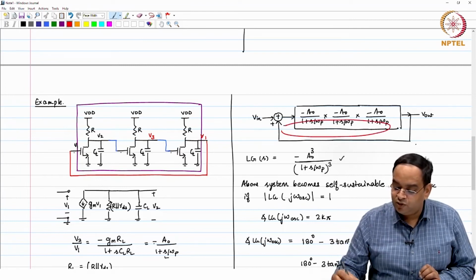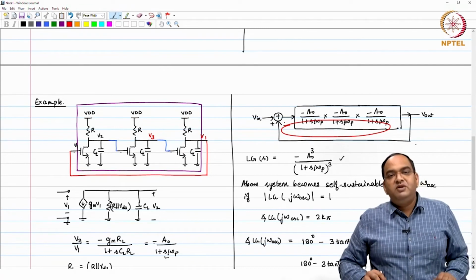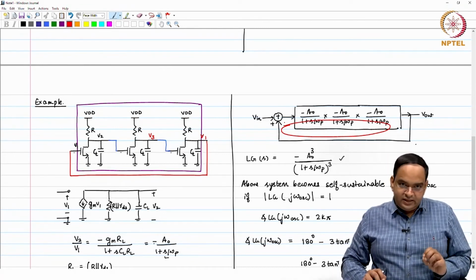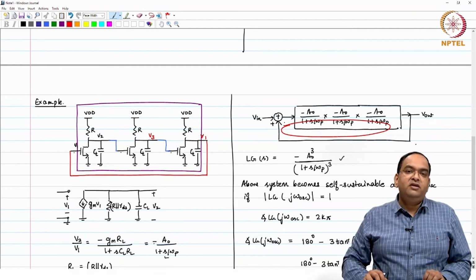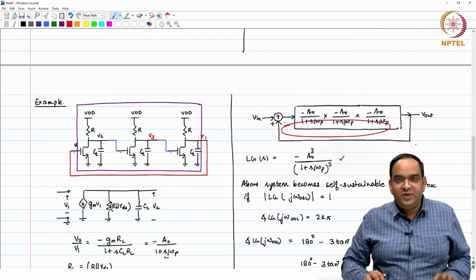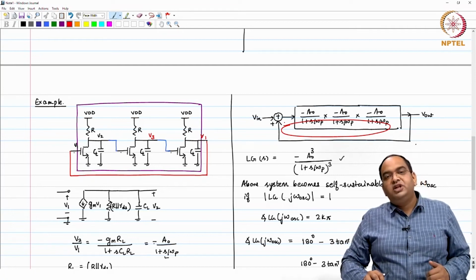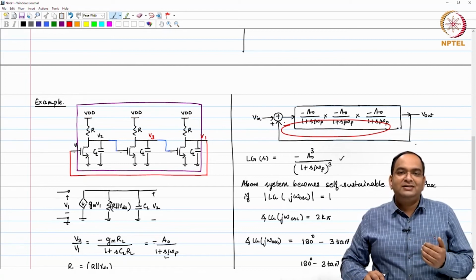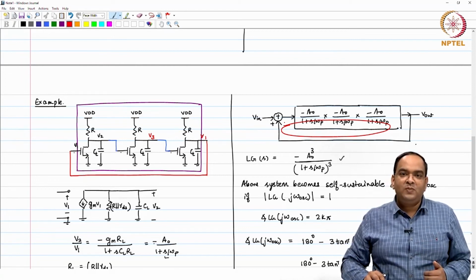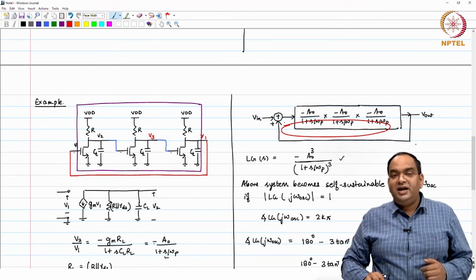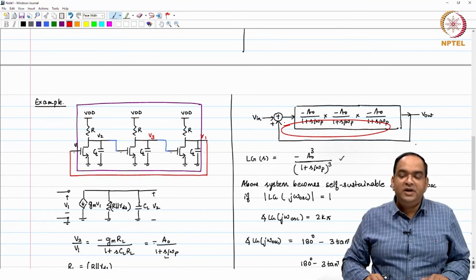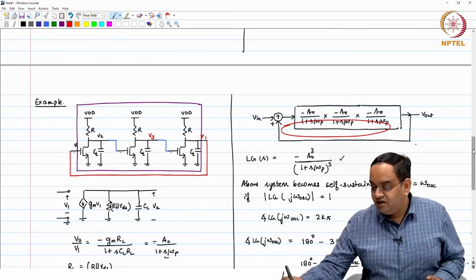Poles of this closed loop, because when we make any closed loop system, it is stable if and only if all the poles are in the left half S plane. If you have poles on the right half S plane, the system is going to be unstable. Okay. So, what happens in the case of oscillator, whether the poles are in the left half plane or right half plane or j omega axis, we will confirm that.